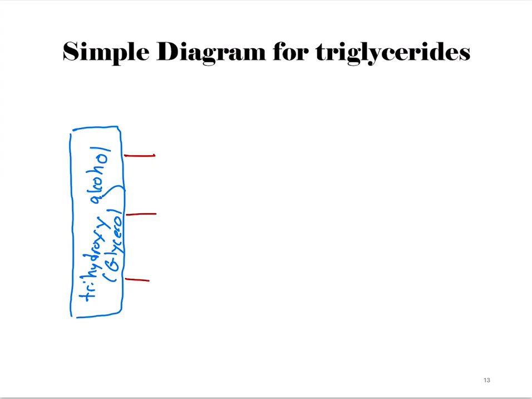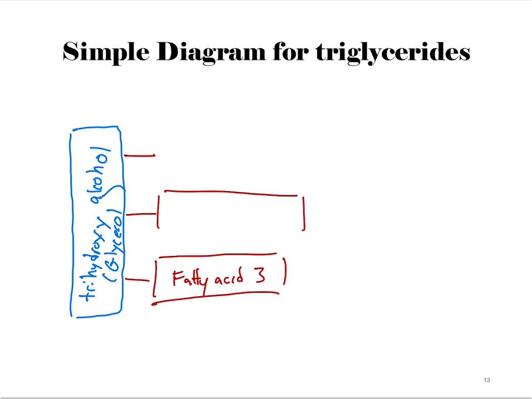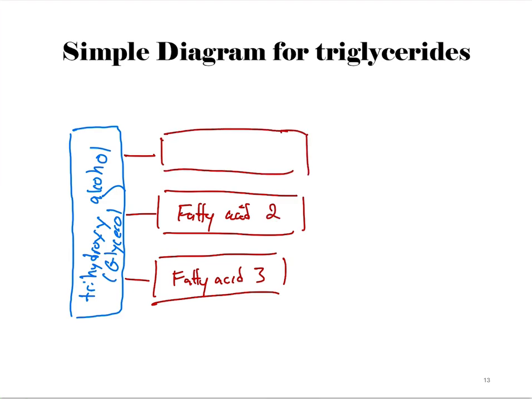So if we have 2 fatty acids that we can make a triglycerol from, then there's probably 3 different combinations for what can make a different triglycerol. Right, so we might have something where this is fatty acid 3, fatty acid 2, and this is going to be fatty acid 1.